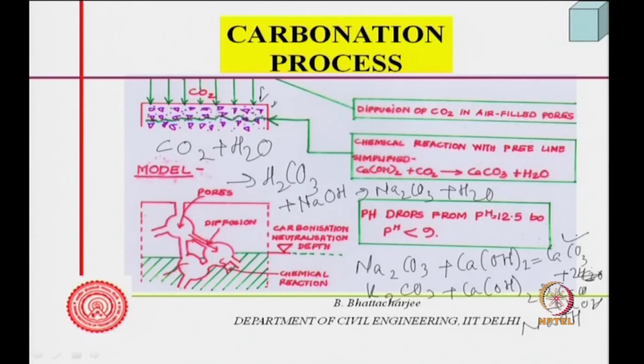In other words, calcium carbonate is formed, and if we write it straight away, the simple reaction is calcium hydroxide plus carbon dioxide in presence of water would form calcium carbonate and water.